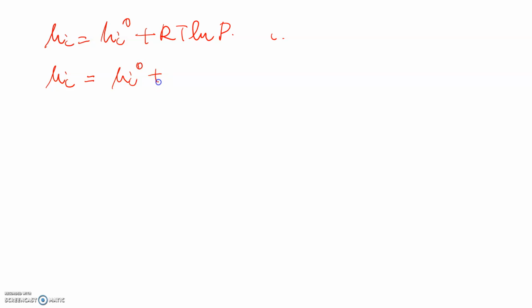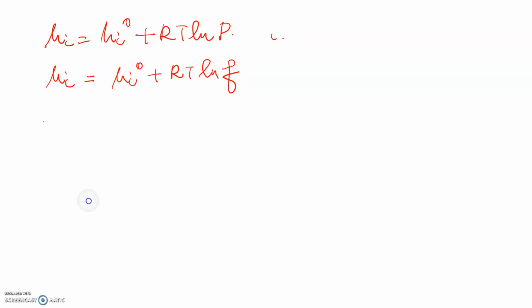So how do we now use the fugacity in the equations for ideal gases? So we have mu i is equal to mu i0 plus RT ln P. In this, we have to substitute P by fugacity in order to use it for real gases. Mu i is equal to mu i0 plus RT ln f. Okay.